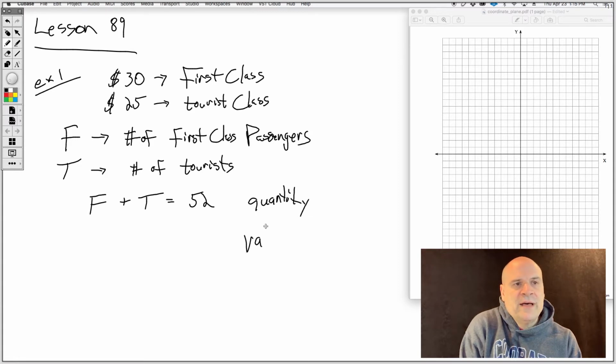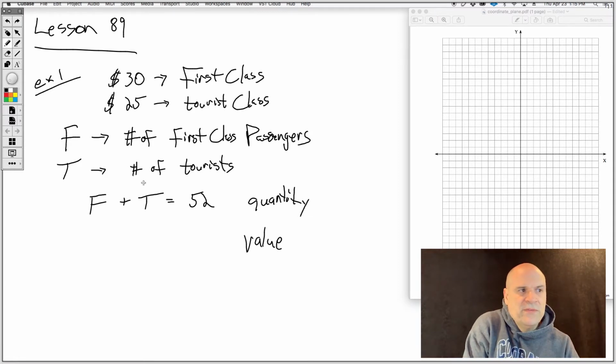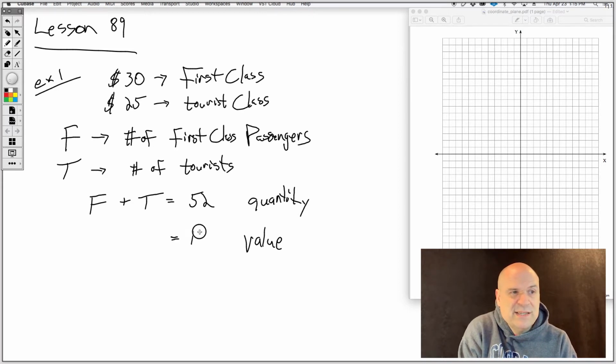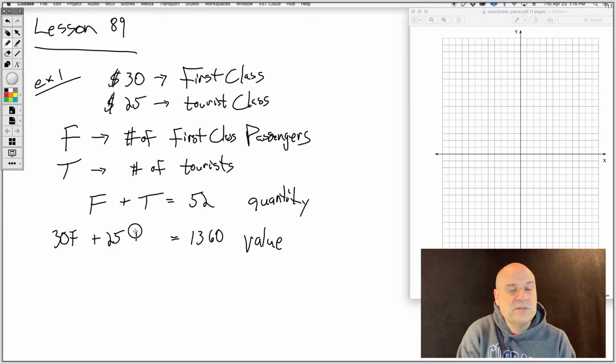Now we're going to do a value equation. The total was $1,360, so this is how much money they brought in. For the first class passengers, they had to pay $30 apiece. So it's 30 times the number of first class passengers plus 25 times the number of tourists.